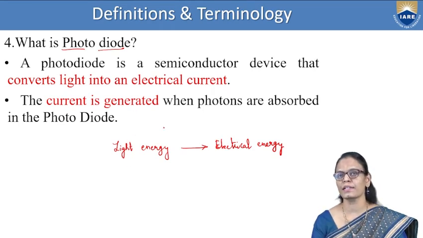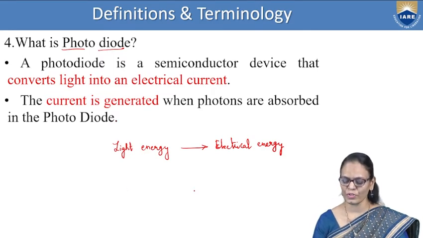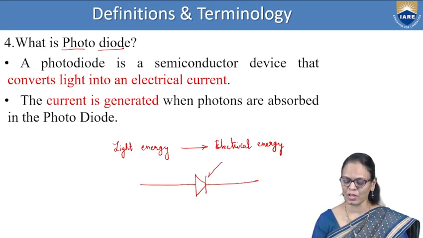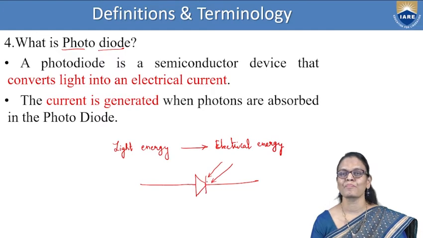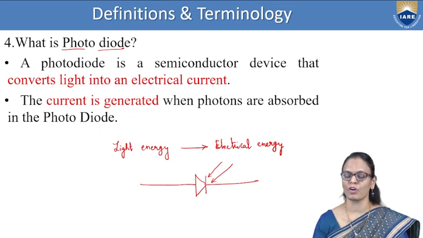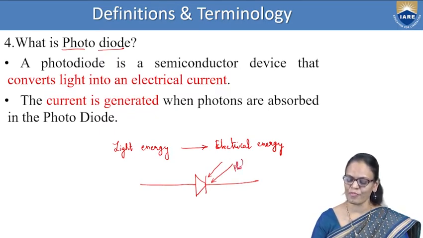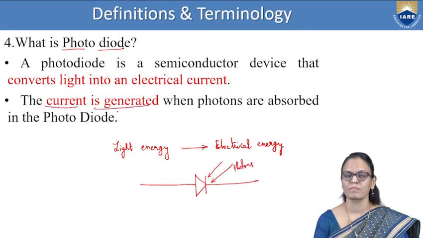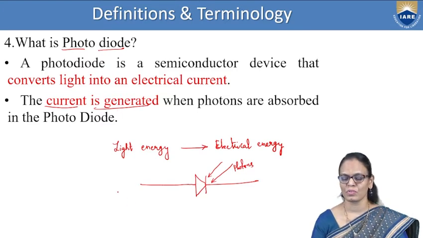The current is generated when photons are absorbed in the photodiode. If you have a photodiode and light falls on it at the junction, the light is absorbed. Light is falling in the form of photons. So photons are absorbed and current is generated. It gives rise to current. That is what we call a photodiode.